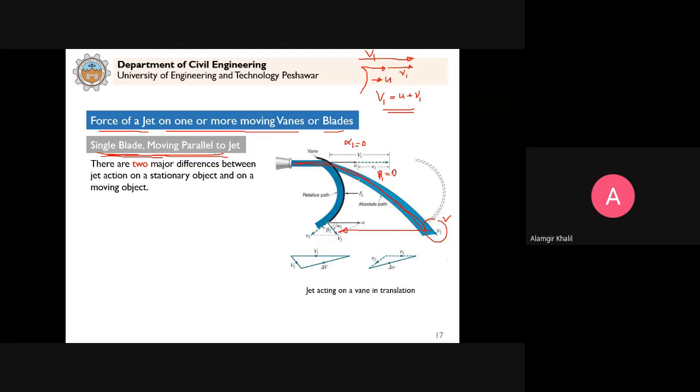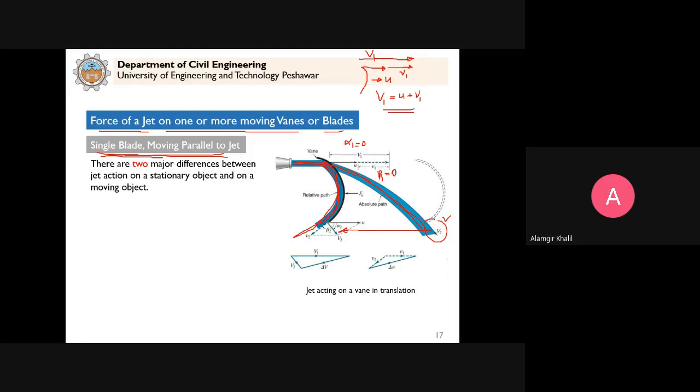Now this is the absolute path. This is the absolute velocity at exit, which we bring here to complete the triangle. To the observer, since the water flows over the vane, this will be the relative path.